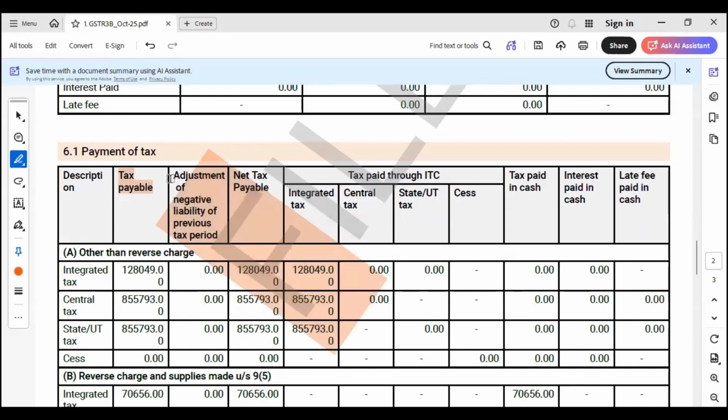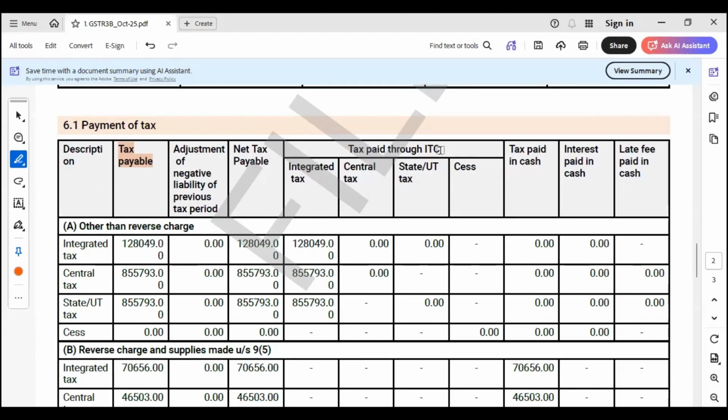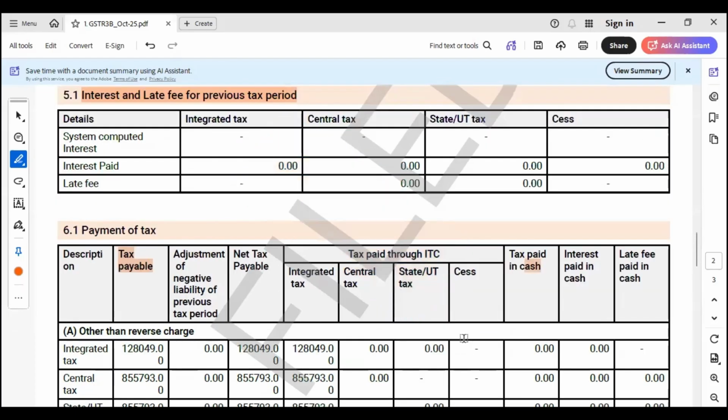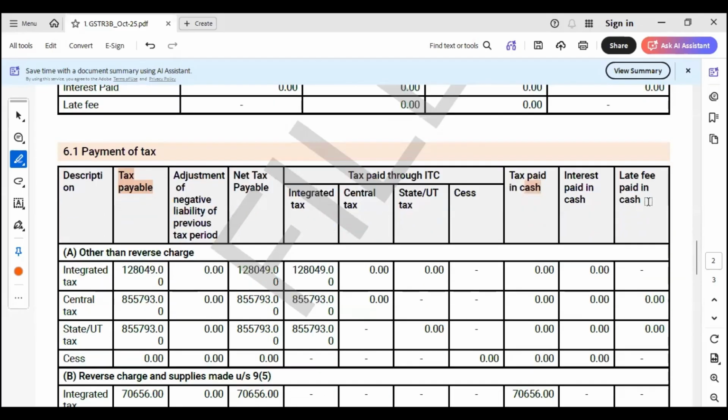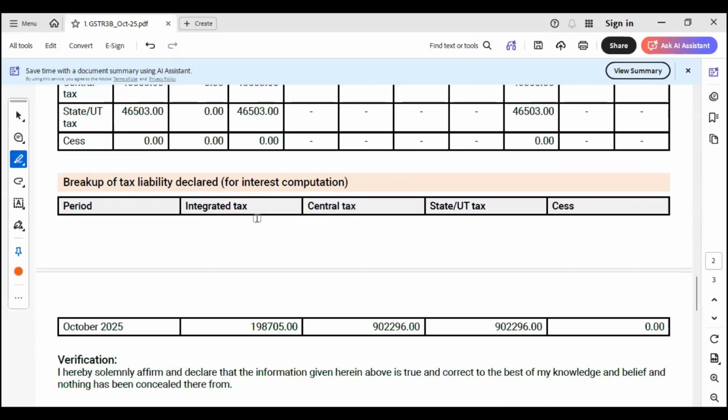Any negative liability, by mistake, if you have taken more tax, that negative liability is being shown here. Net tax payable, this is the total payable. Amount paid through input tax credit. Amount paid through cash. So along with this, if you want to pay any interest because of late payment, that gets paid here in cash. Late fee, that is delay amount, gets paid in cash. This is your table 6 for payment of cash.